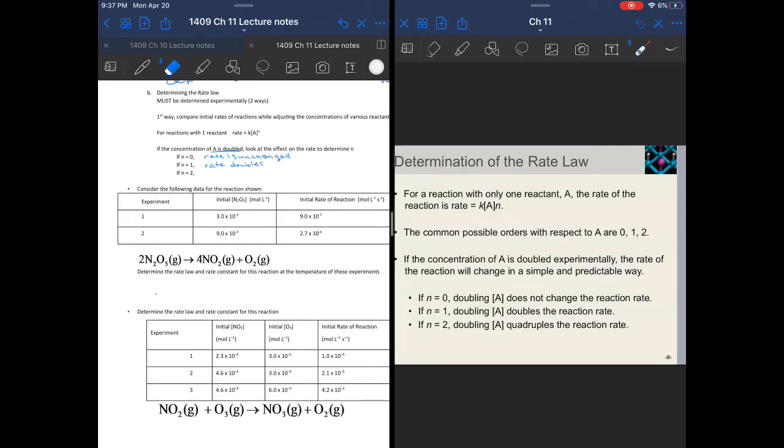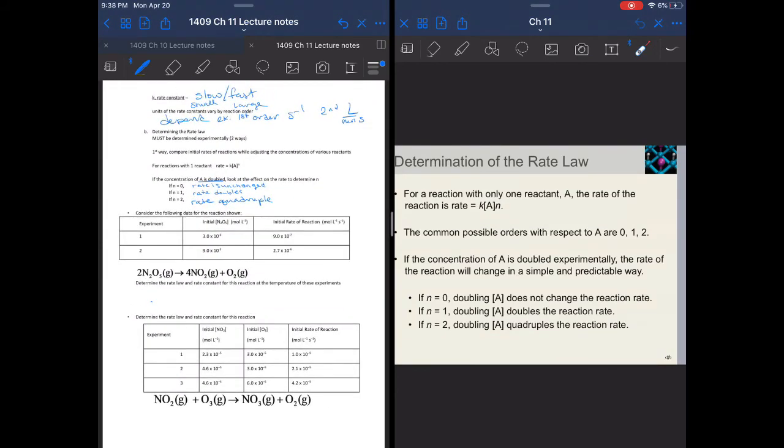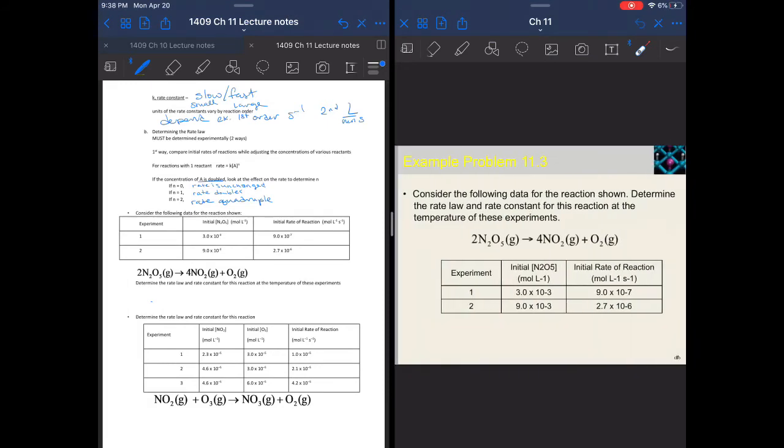Okay, so when we look at a second order reagent, then what we're going to see is that whatever we do to the concentration, it's going to have an exponential effect on the rate. So if we double the concentration of A, then the rate is going to quadruple. All right, now how do we determine these reaction orders with data? So we're looking at, for instance, in this example, the decomposition of dinitrogen pentoxide, and we're starting with 2 experiments.